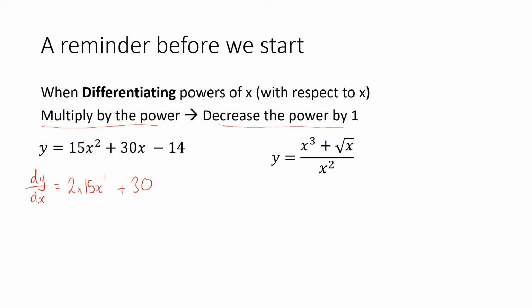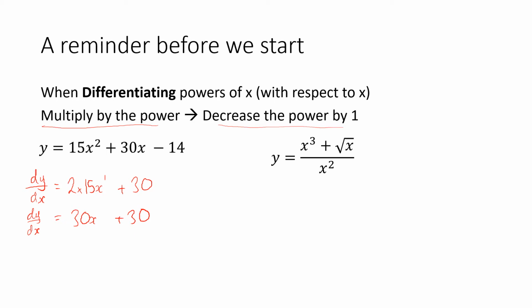And if you've got a number like minus 14, that goes to 0. So if we wanted to simplify this a little bit, we could. 2 times 15x, that's 30x plus 30. And there's other things we looked at in terms of turning points, but that basic idea is what we're going to expand on today.